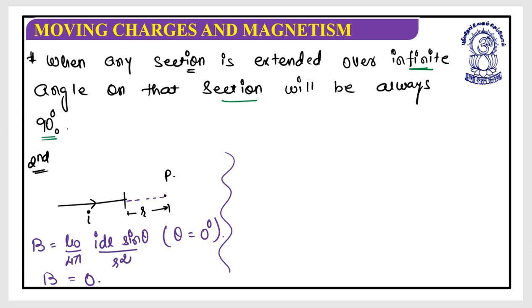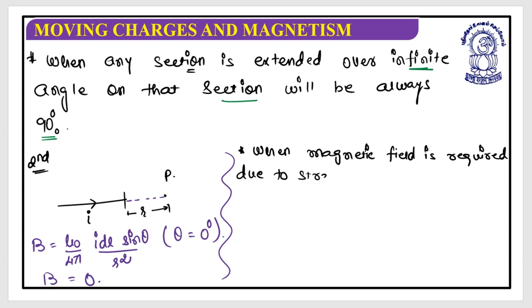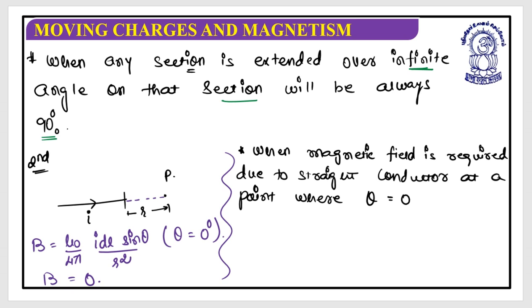So the conclusion is, when magnetic field is required due to a straight conductor at a point where theta is equal to 0 degree, B, that means the magnetic field, will always be 0.